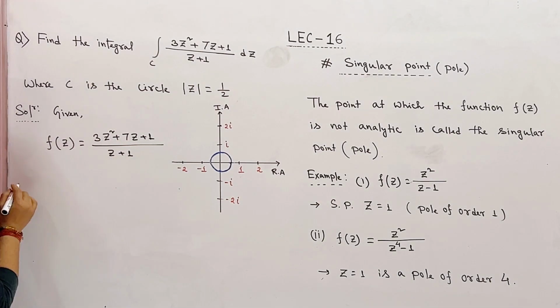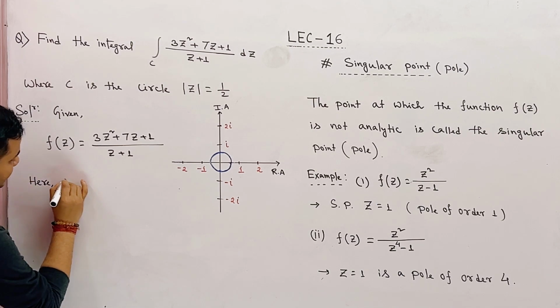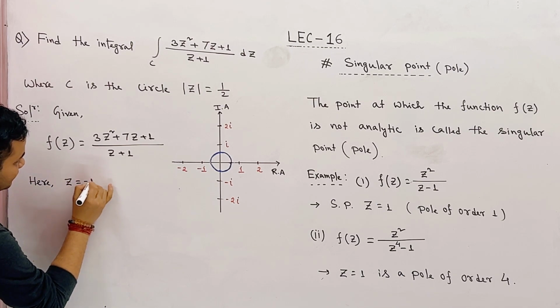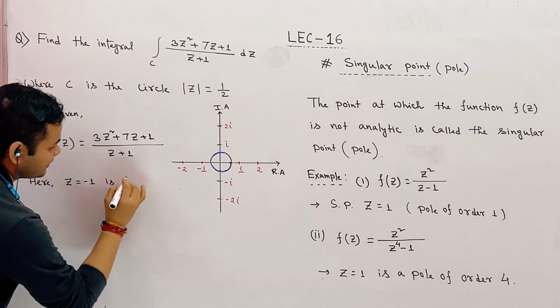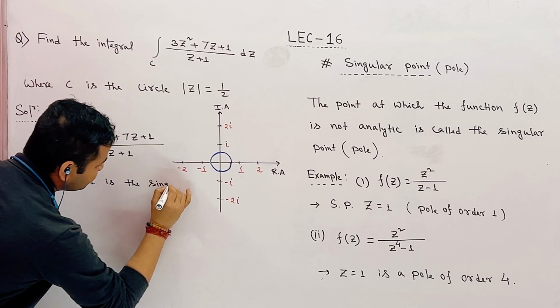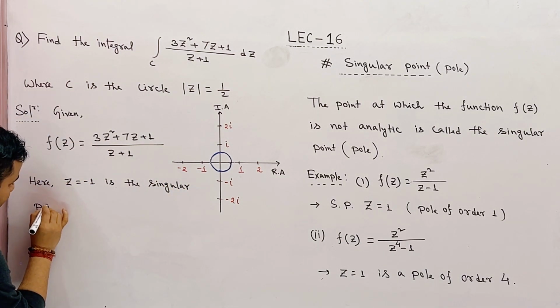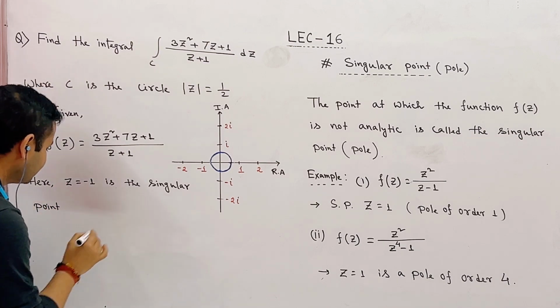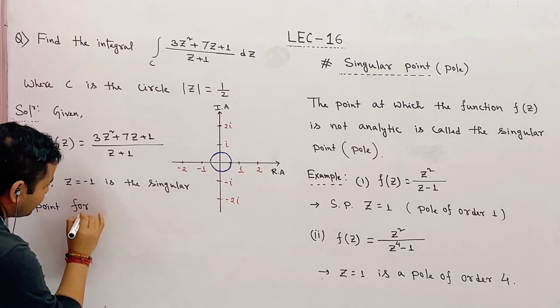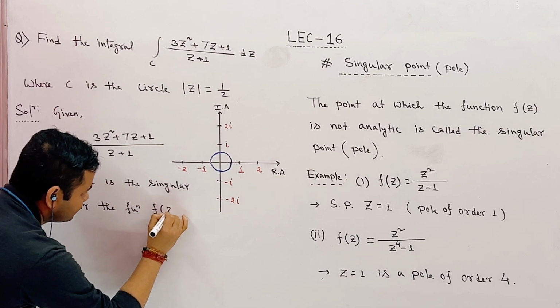Here z equal to -1 is the singular point for the function f of z.